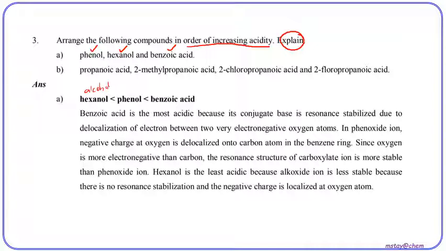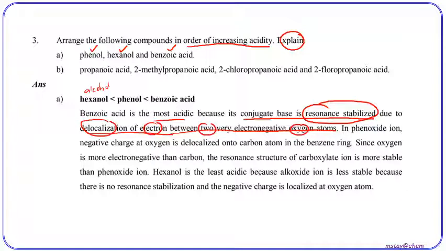Okay, benzoic acid is the most acidic because the conjugate base is stabilized by resonance, due to the delocalization of electrons between two oxygen atoms. This is like what we mentioned. The keywords here are that it is resonance stabilized, and the delocalization of electrons between two oxygen atoms.